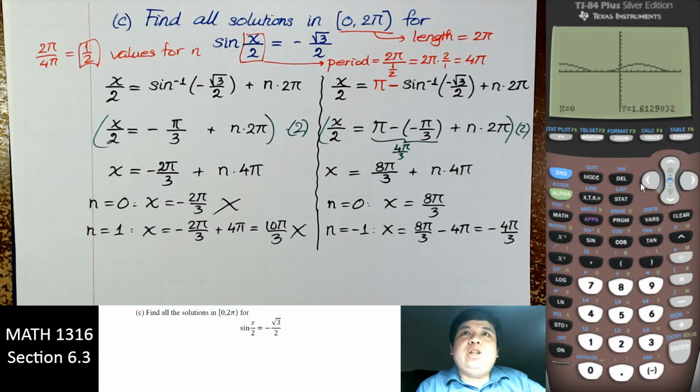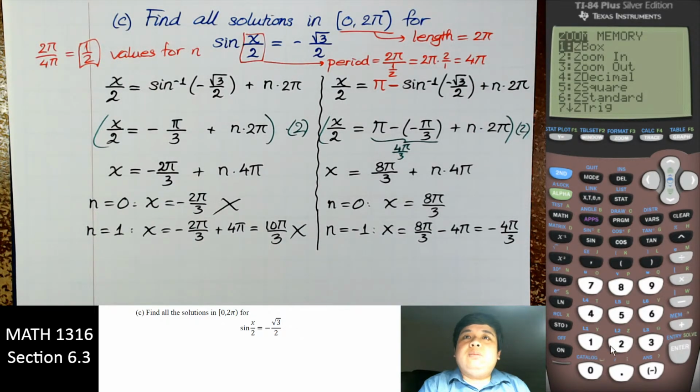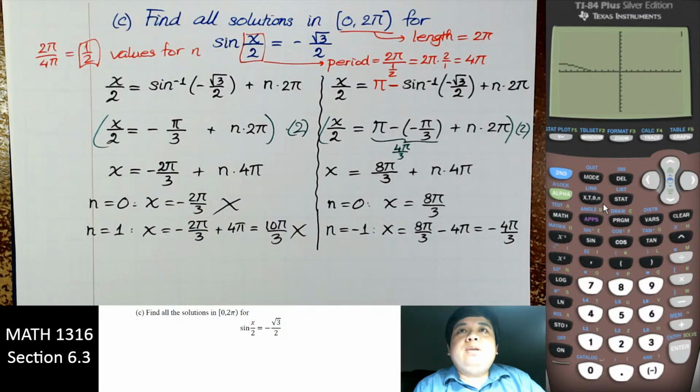What I zoom in is between 0 and 2. Oh man, I forgot. Let's do that again. I'm going to zoom about this window, with the zoom box. I am going to zoom over this window.